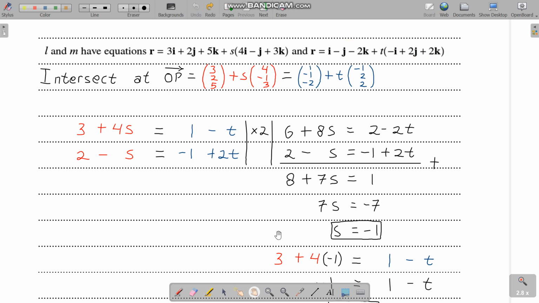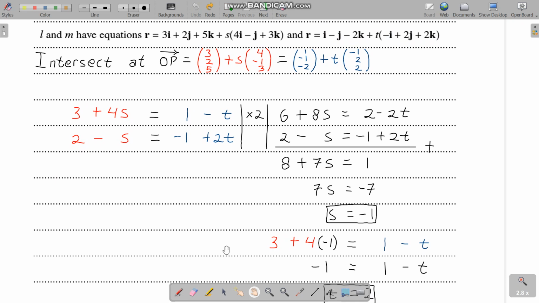We have to find values of s and t such that we get exactly the same point of intersection. Intersection means the point lies on both lines.